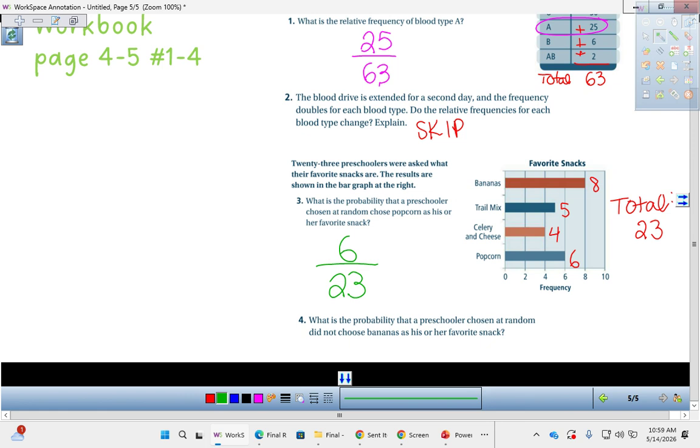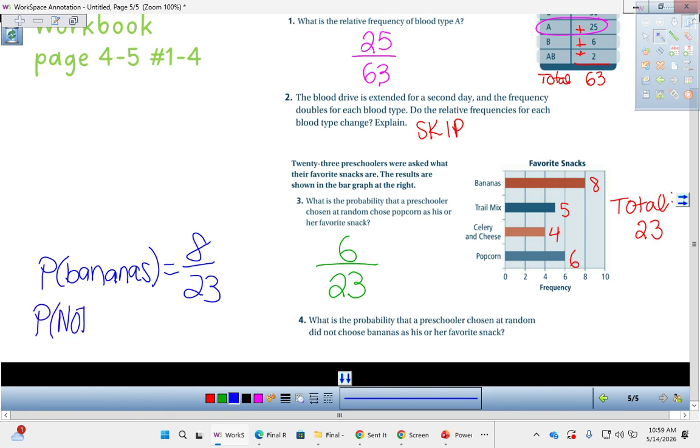And then the last one says, what is the probability of not bananas? So this is kind of a new concept since we missed the Ed Puzzle yesterday. What I can do is figure out how many like bananas. How many like bananas? 8, thank you. So 8 out of 23. So all of the other kids didn't pick bananas. So what I could do to get not bananas is take the 23 kids and subtract the 8 that picked it, and put that number over 23.